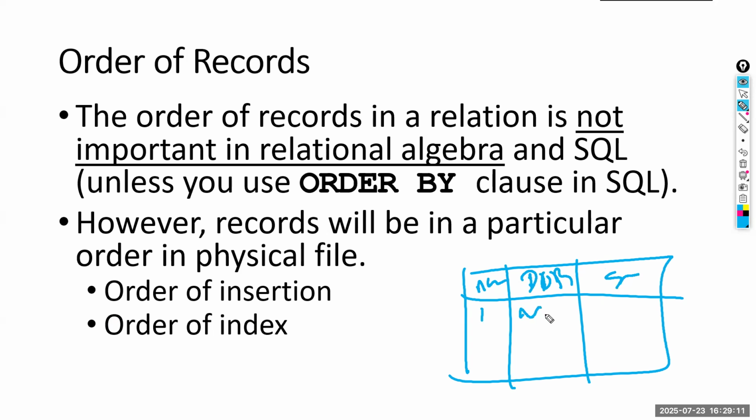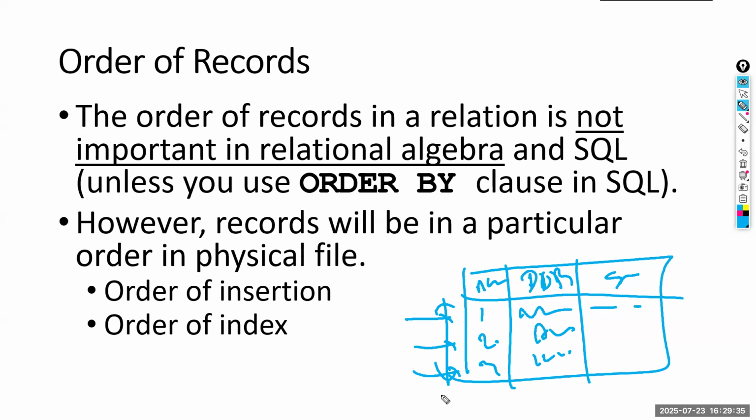Say the first one is Nimal, second one is Amal, third one is Kamal. Now this is the order of the records. Most of the time this order is the order of record insertion. But maybe you sort it according to the salary and so on. You sort it according to the department number.